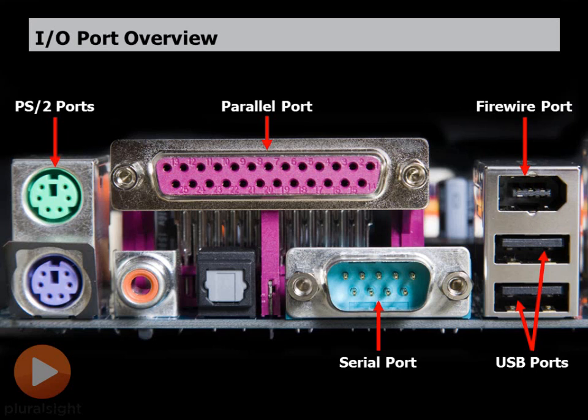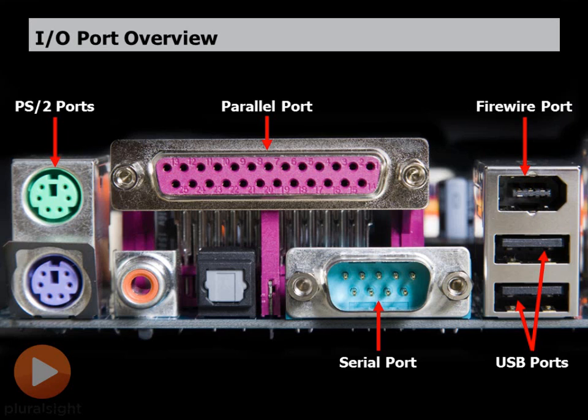And by the way, speaking of pins, if you look at the parallel port and you look at the serial port, you should notice there's a little bit of a difference. The parallel port is just a grouping of holes, basically. It's got 25 holes. Whereas the serial port, you'll see it's 9 actual pins sticking out.